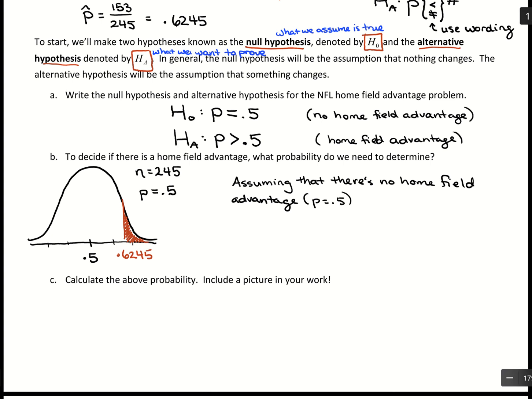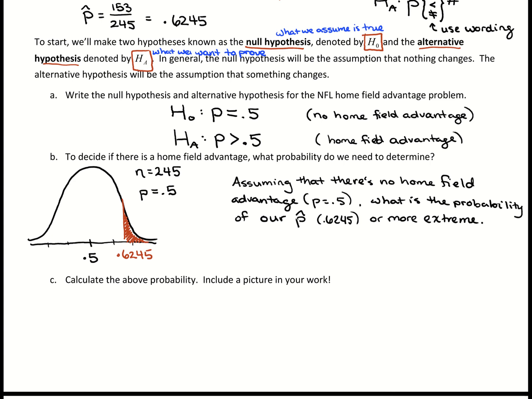So assuming that's true, assuming our null hypothesis is true, what is the probability of seeing p hat, specifically our sample statistic, so that 0.6245, what's the probability of seeing that value or more extreme? So what's the probability of our p hat or more extreme? So as large or even larger than that sample statistic that we're getting at.